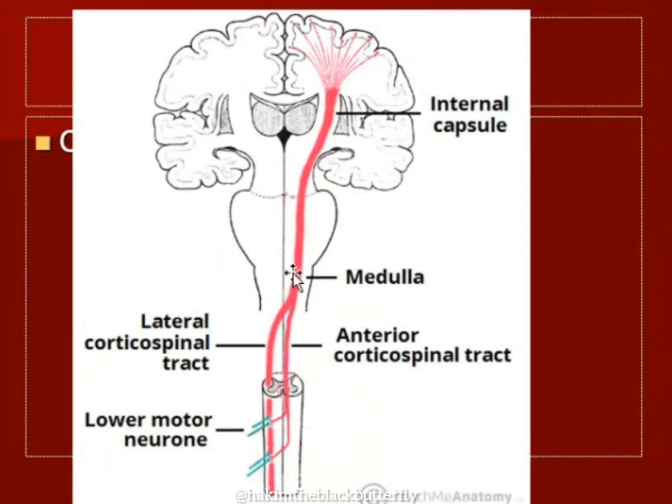So you're going to get paralysis on the opposite side of the injury. If the injury is on the left, the paralysis is going to be on the right for upper and lower limb muscles.